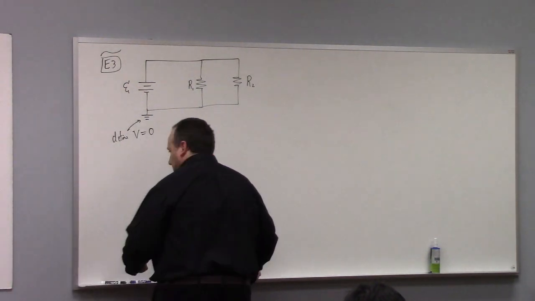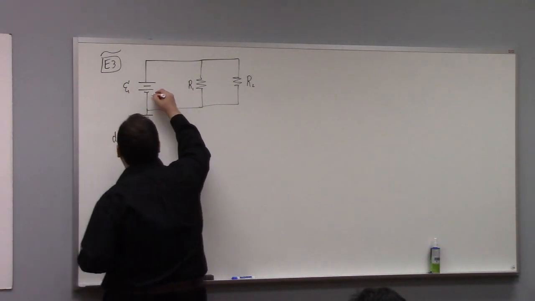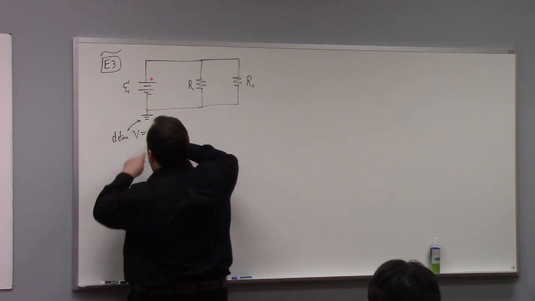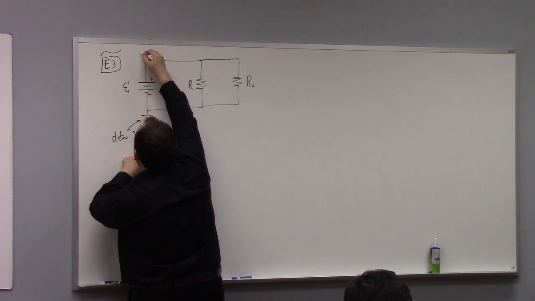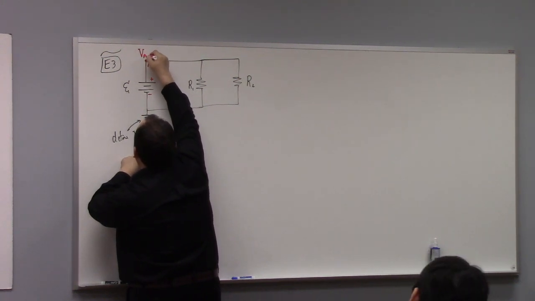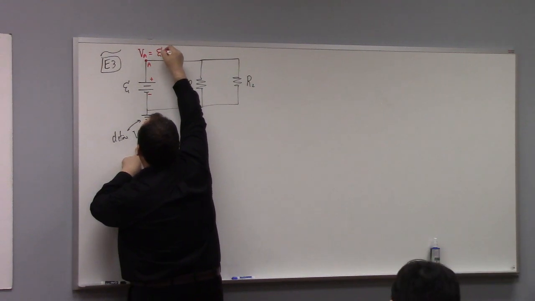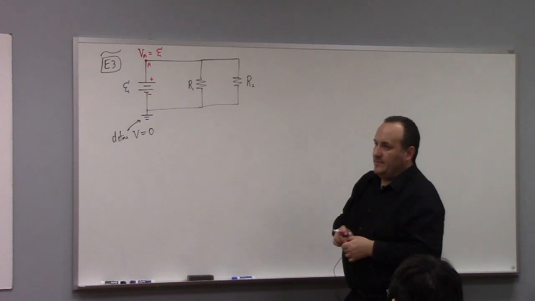And so once I've done that, I can calculate the voltage at other points using Ohm's law or the definition of the circuit element. So like here, since this is an ideal voltage source, that means that this point right up here, A, has to be, this is A, so the voltage at A has to be E. Tell you what, let me make it less weird.